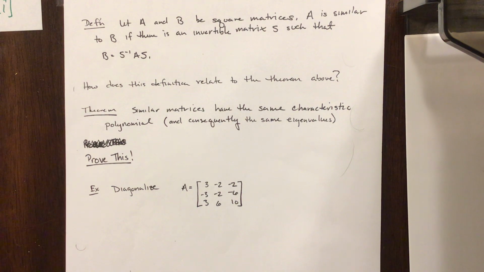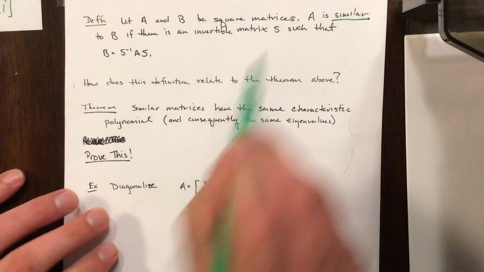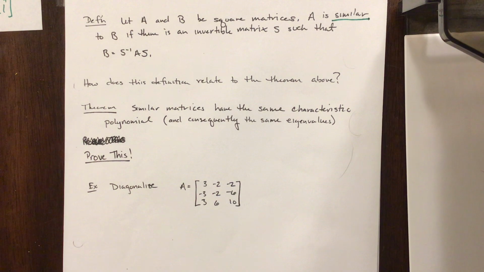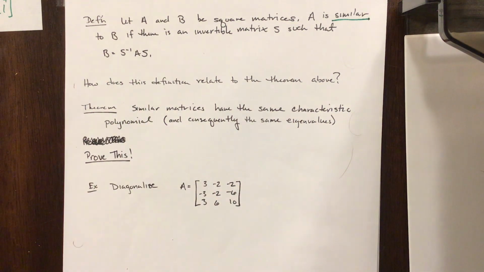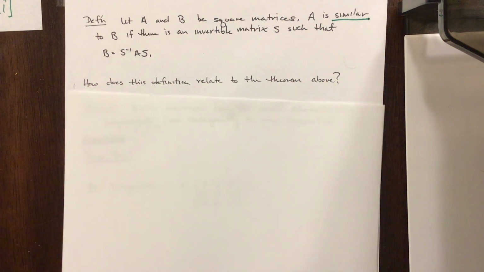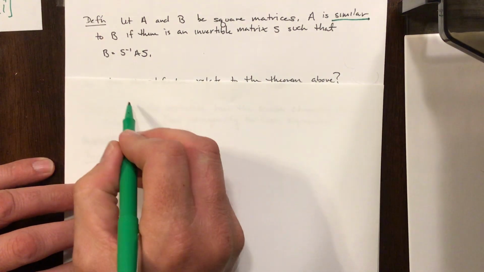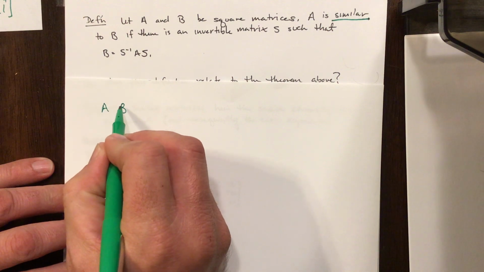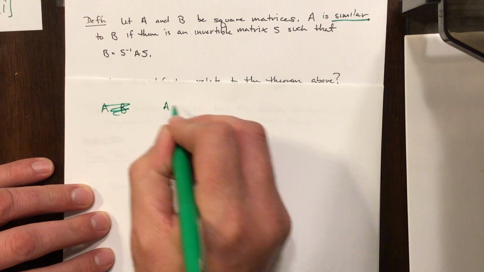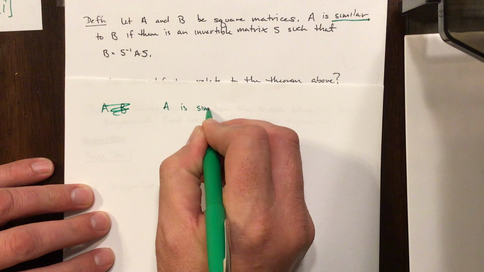A is similar to B if there is an invertible matrix S such that S inverse AS is equal to the matrix B. Now, how is this definition related to the theorem above? What's different? Here in the definition, we have A is similar to B. We'll write it in English.